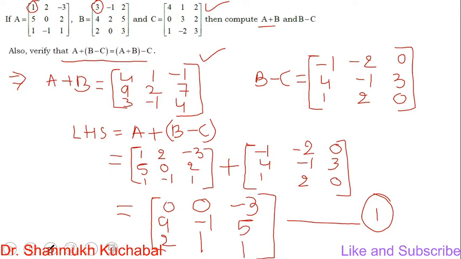In this example we have to calculate A plus B as the first step, and further calculate B minus C as the second step. Then we take the LHS part and simplify, take the RHS part and simplify it, and verify that LHS is equal to RHS. So these are the steps involved in solving this particular question.